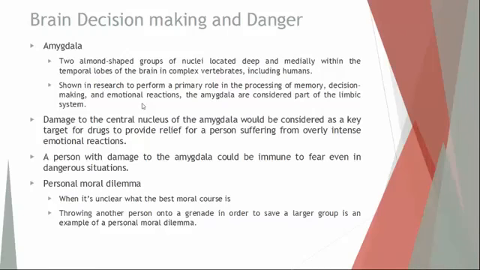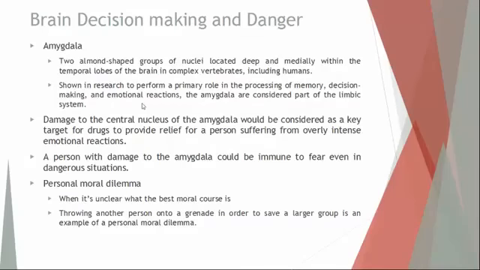Okay? Now, the central nucleus of the amygdala is considered to be a key target for drugs to help people who tend to have overly intense emotional reactions, either incredibly over-the-top reactions or very understated emotional reactions. Because how you respond to situations like that indicates how your amygdala is performing.